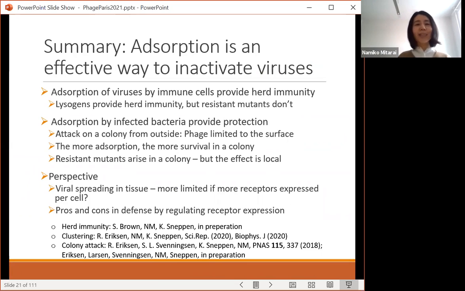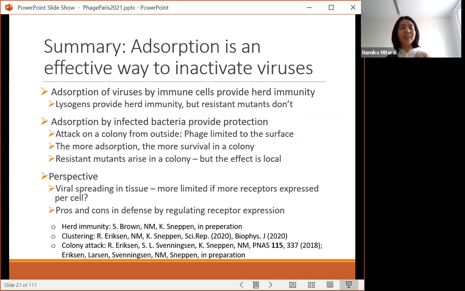The main message is that absorption is a very effective way to inactivate viruses, and that matters a lot for the bacterial system where there are a lot of cells. Also, if I imagine a little bit bigger, this could also mean something for viral spreading, for example in tissue.